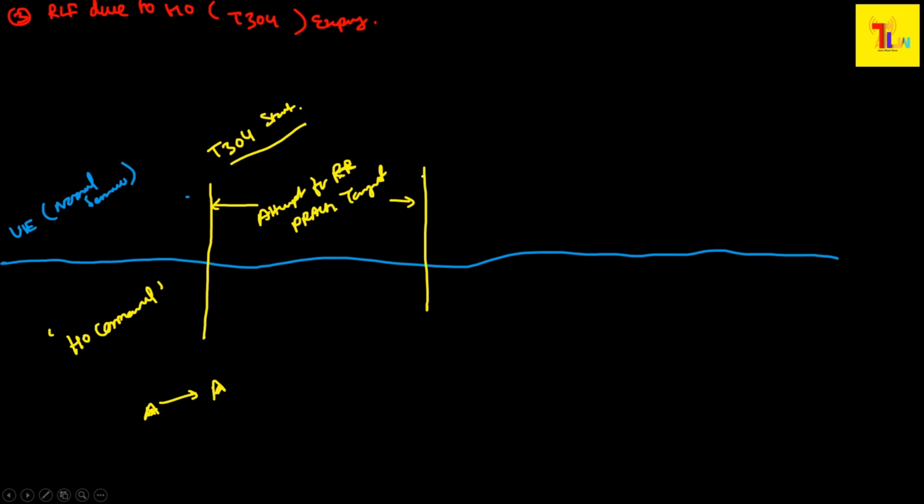Basically your T304 timer is running while your UE is trying to access the target cell, and once the T304 timer stops, suppose it got stopped at this particular time and you are not able to do the PRACH to the target, at this point your UE is going to declare an RLF, and this RLF or drop will be considered as due to handover failure.